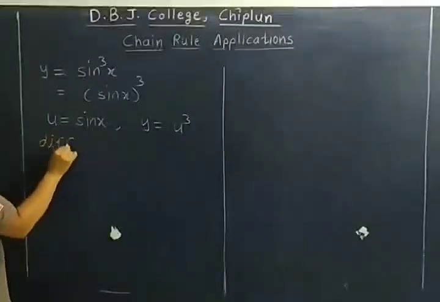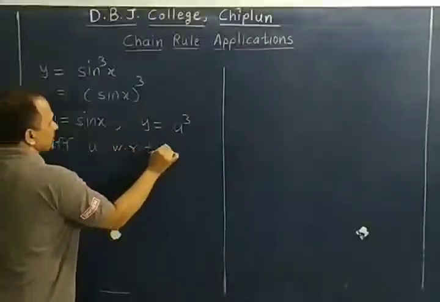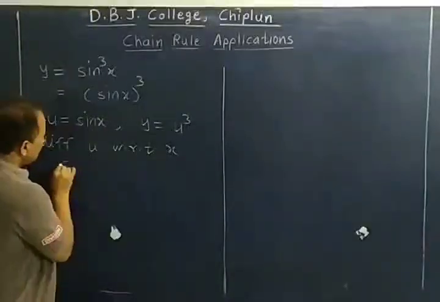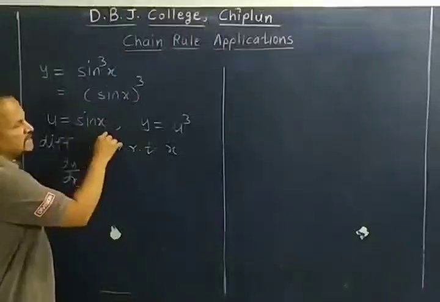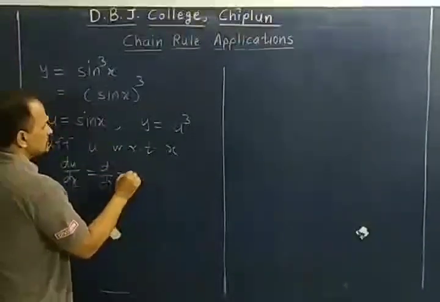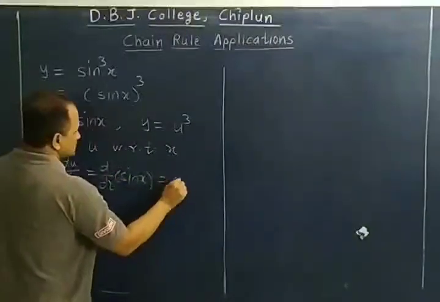Differentiating u with respect to x, we get du by dx is equal to derivative of sin x. It is equal to cos x.